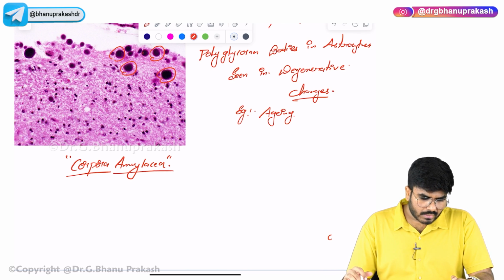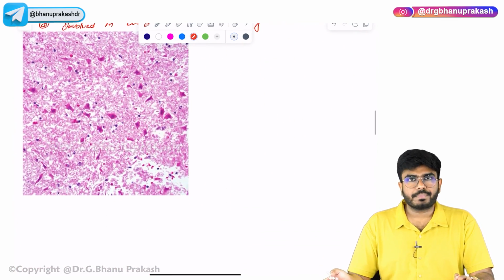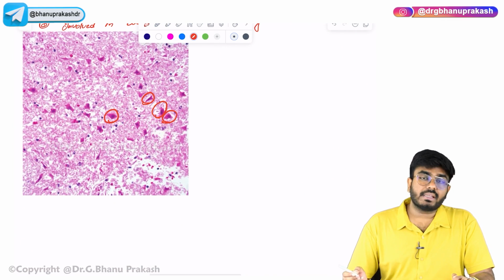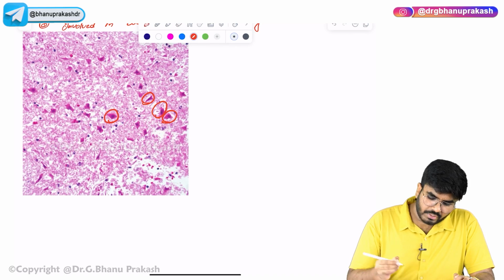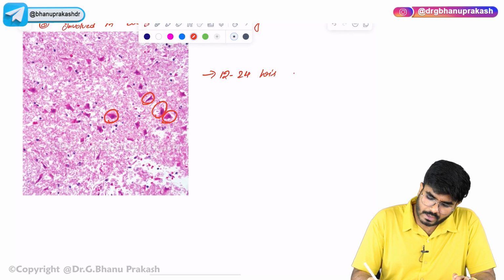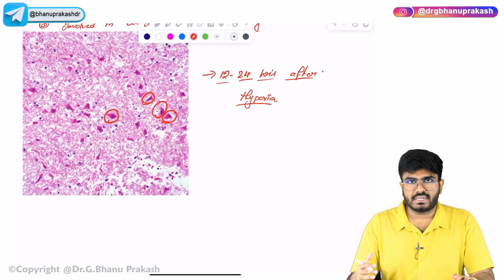Then what are these red neurons? See, in this image, these pink color things are the red neurons. When you see such red neurons, they are seen 12 to 24 hours after hypoxic injury. The patient has hypoxia and the neurons are dead.